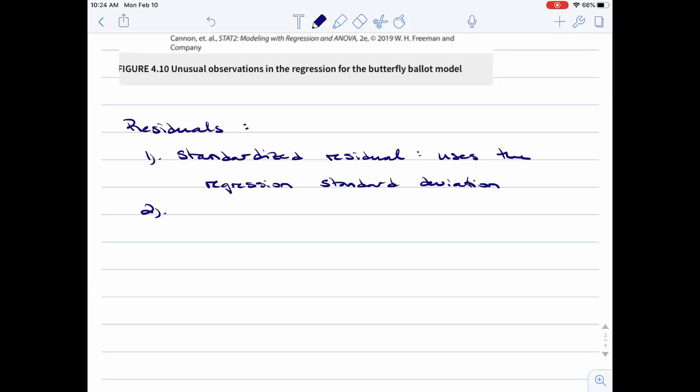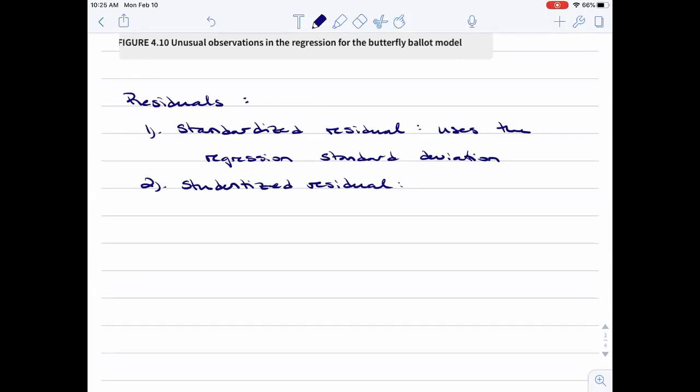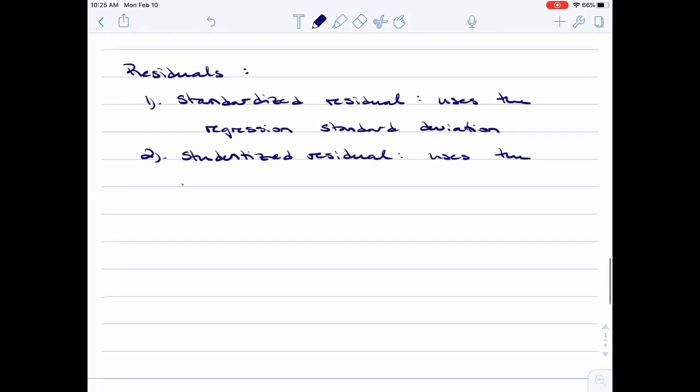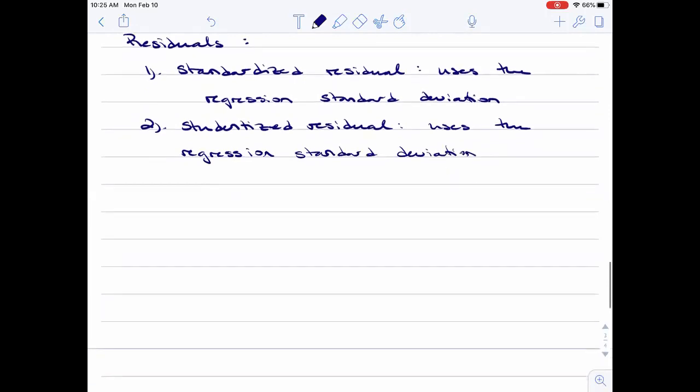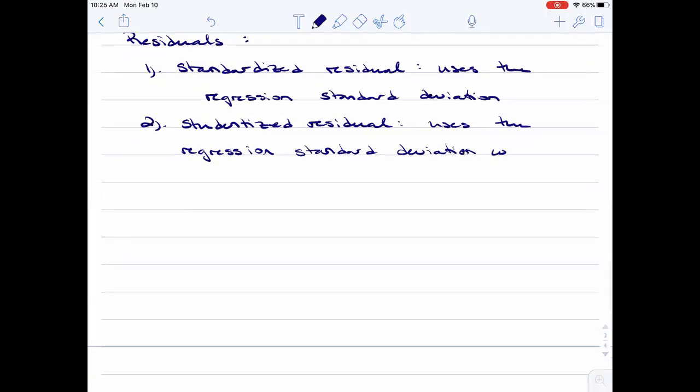So what would the standard deviation be with that point removed? And so the studentized residual uses the regression standard deviation with the outlier removed.